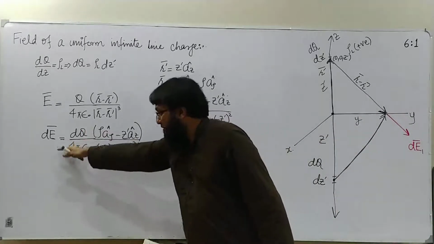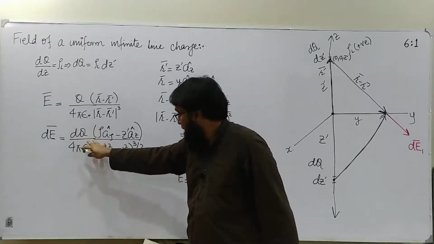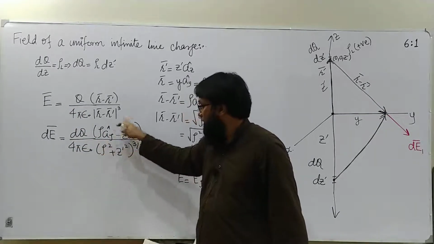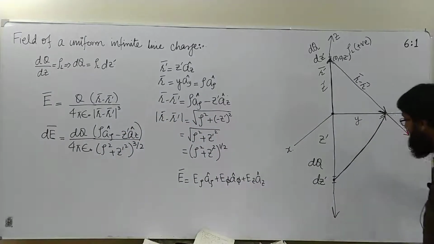All right, so before doing the integration, let's try to check the symmetry once again for the possible elimination of any of the two components. So that's what we are doing here right now.